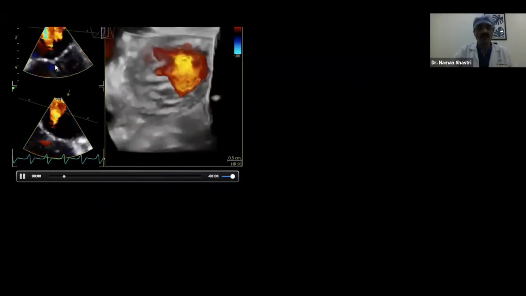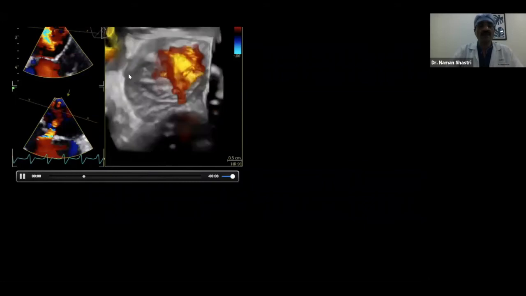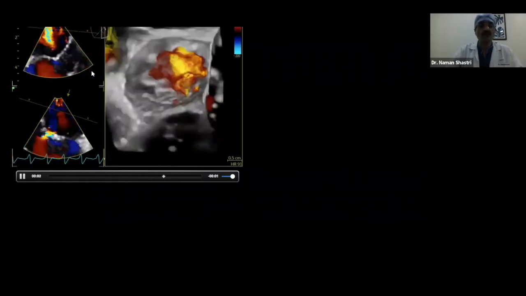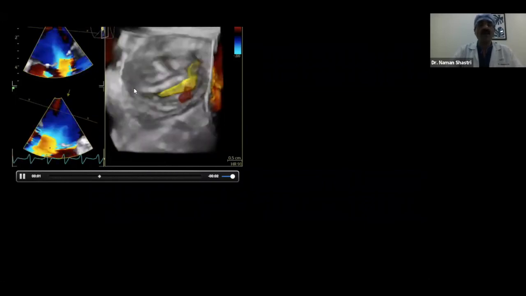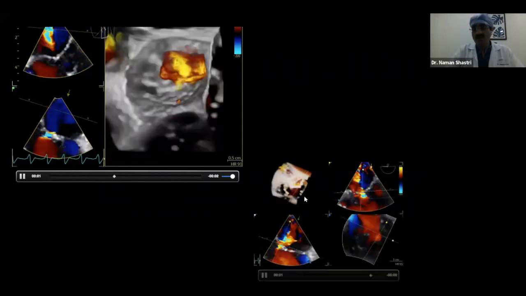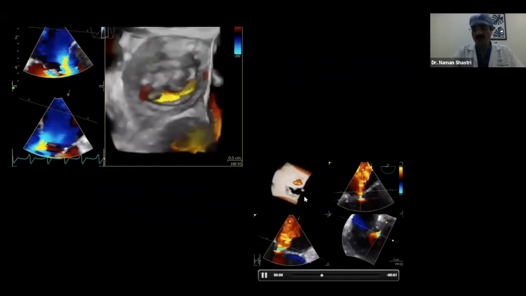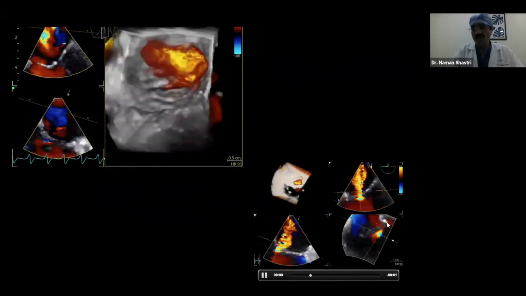So we see even P1, but the regurgitation is at the A3P3 level. So definitely we cannot see the vena contracta, and that is the problem where we are not getting the right vena contracta.